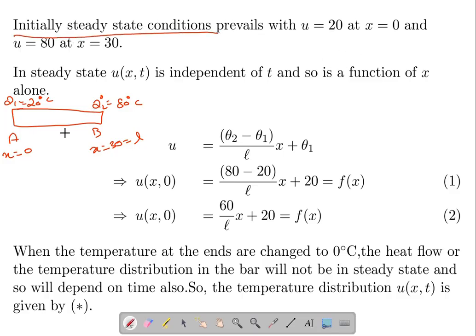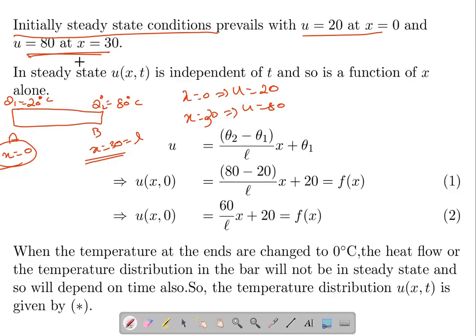So when x is equal to 0, our temperature u is equal to 20. That is given. When x is equal to 30, what is the temperature at point B? It is 80. Therefore, when x is equal to 30, u is nothing but 80. In steady state, u of x comma t is independent of time t, so it is a function of x only.